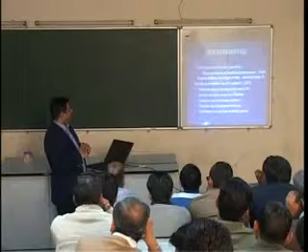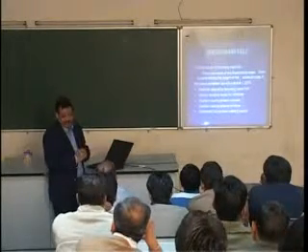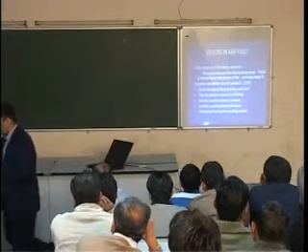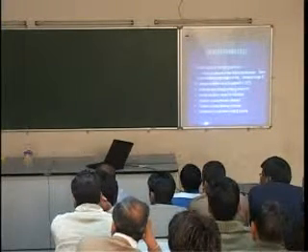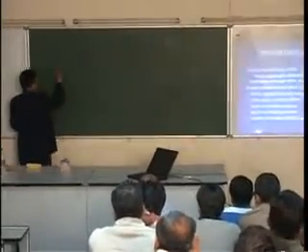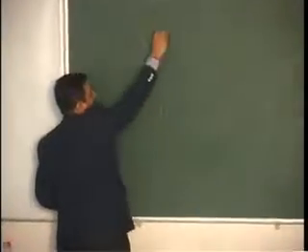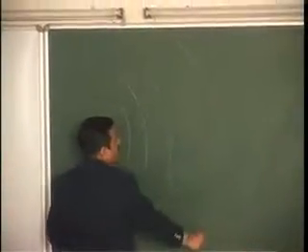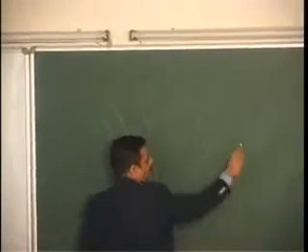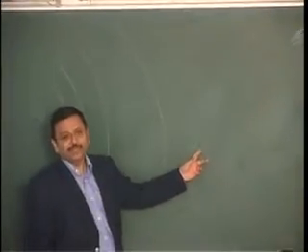Regarding the errors in the far field, we say the distance is 2D squared by lambda. Suppose this is the antenna and you are getting a spherical wavefront, and at one particular location you get a plane wave, where the amplitude and phase variation is very small.